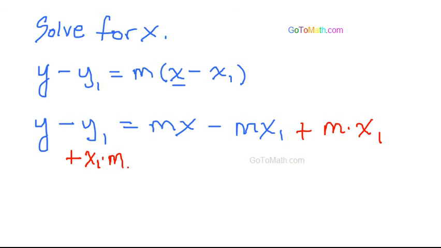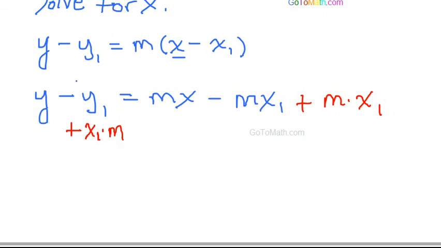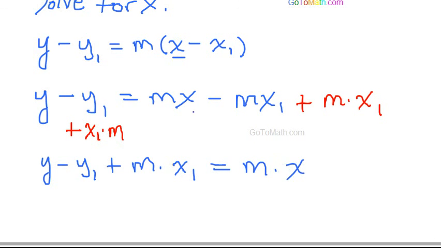Alright, okay, we're going to rewrite all this stuff so it makes sense. So we end up with y minus y sub 1, and we added, I'm going to go ahead and write it back in this order here so you don't get too confused. m times x sub 1 is equal to m times x.